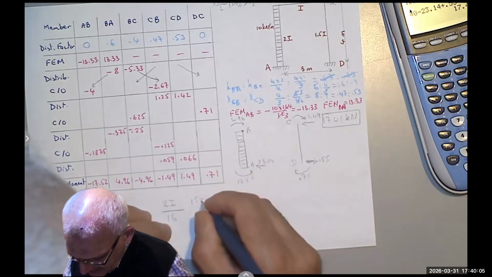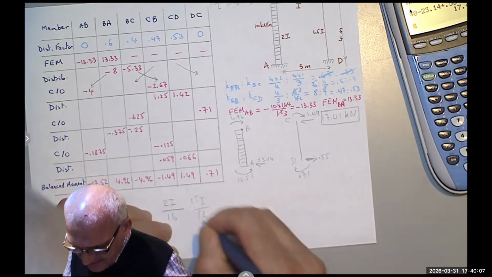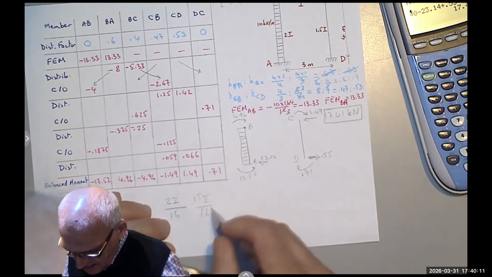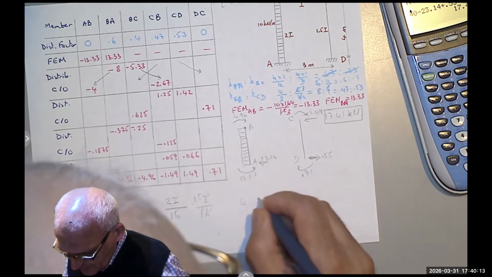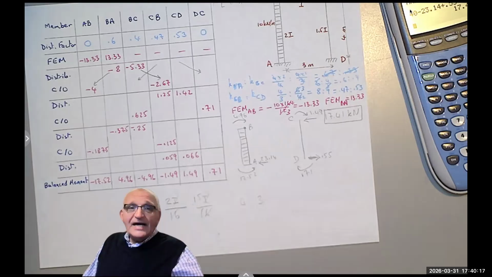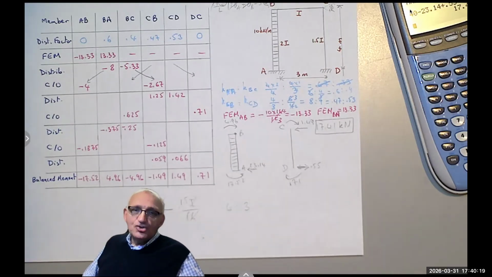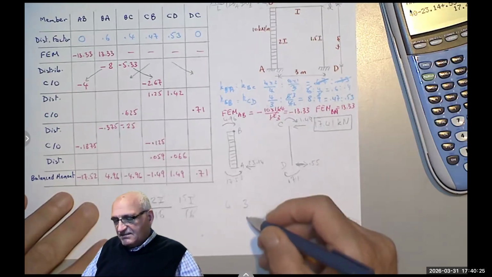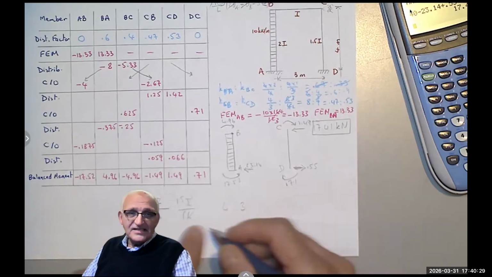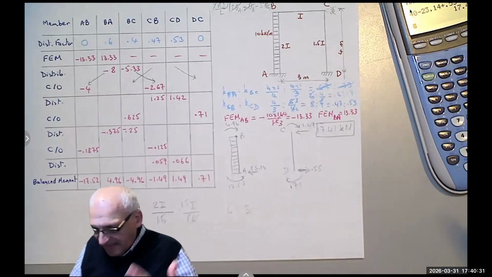1.5 I over 16. Again, I don't care about the 16. It's 4 to 3. So I can pick any moment of my choice, right? You can take some easy number, like, for example, I can make this 30 and this 40, or maybe 90 and 120.